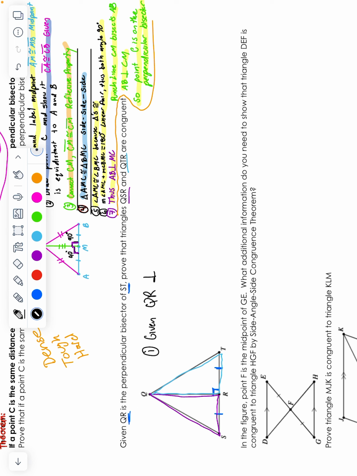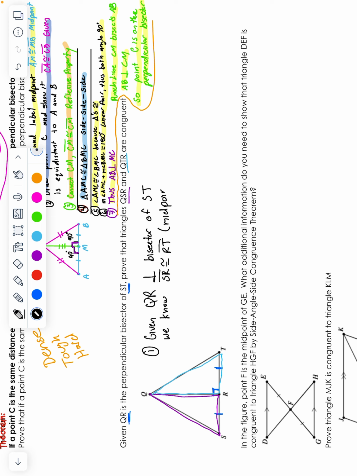Given QR perpendicular bisector of ST, we know specifically SR is congruent to RT because of the midpoint.